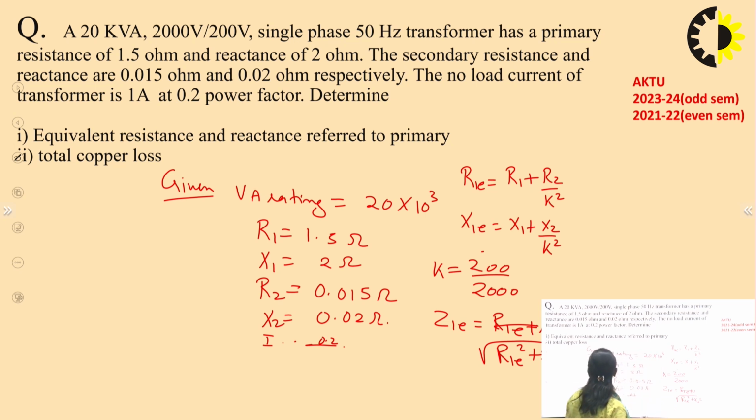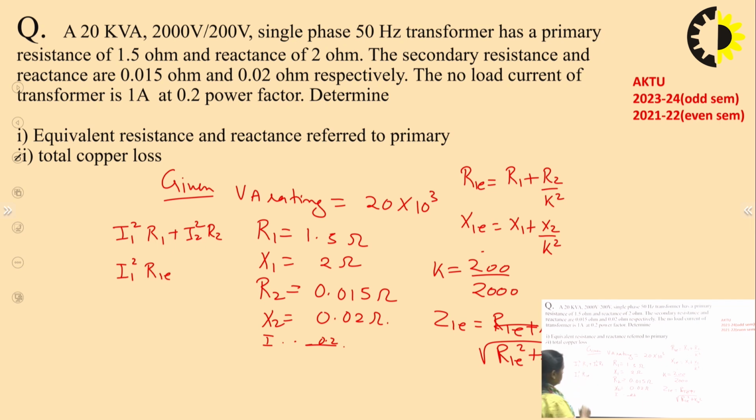Now the next thing is to find the total copper loss. So how will you find the total copper loss? See, the total copper loss can be found as I1 square R1 plus I2 square R2. This is also the formula for finding the copper loss, or I1 square into R1E, or I2 square into R2E.